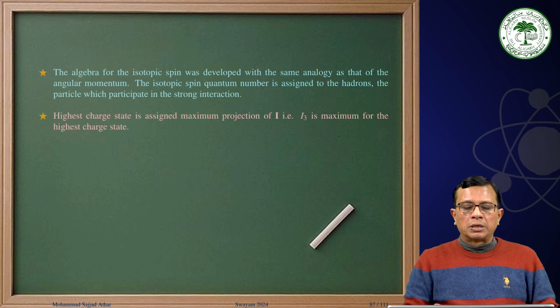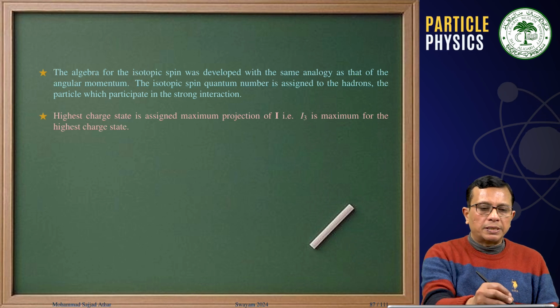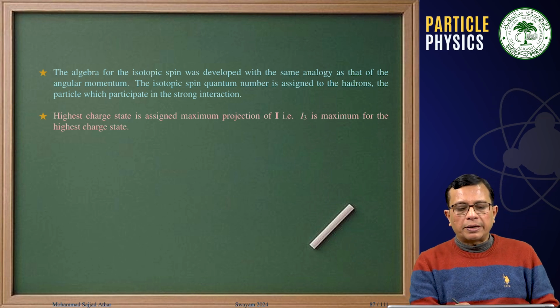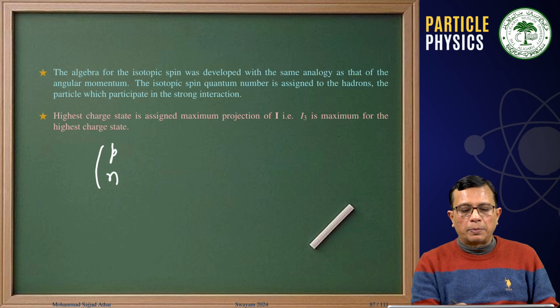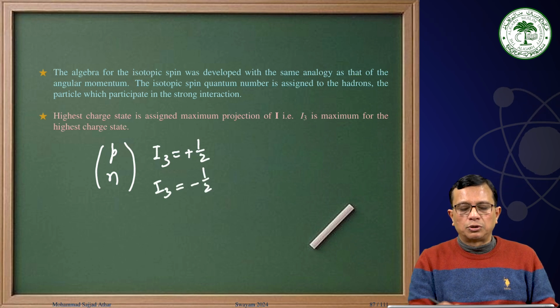When we talk about the projection of the isotopic spin, the convention is that the highest charge state is given the maximum projection. Let me give you an example: proton and neutron are members of the doublet, where I is half for both of them, but the projection I3 is plus half for the proton and minus half for the neutron.